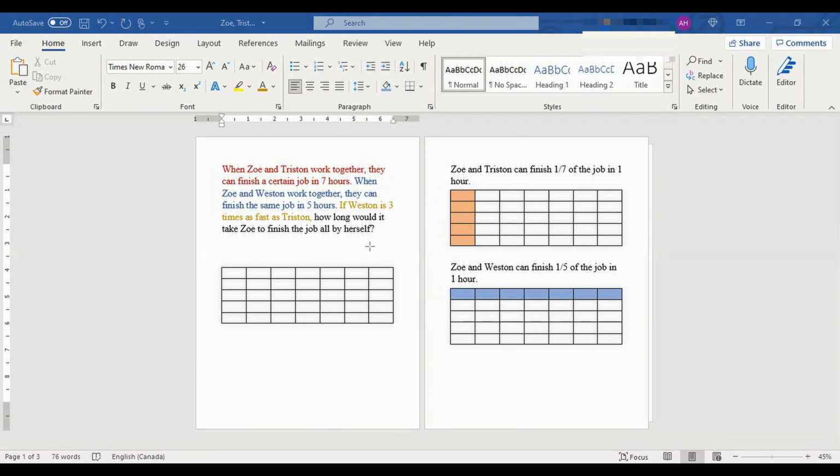So what we're going to do is we're going to take their 2 rates and lay them out horizontally. As we can see here, Zoe and Triston do 1 column per hour, 1 column being 5 cells.